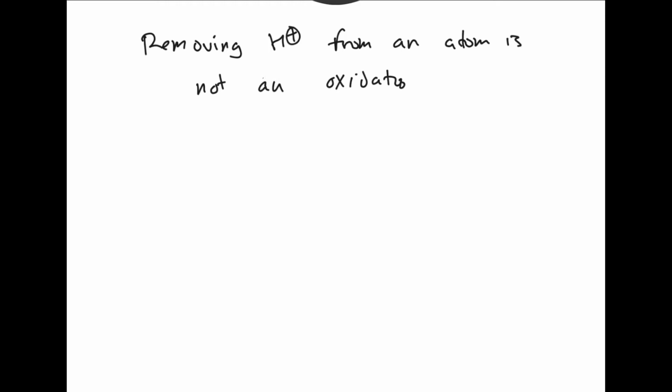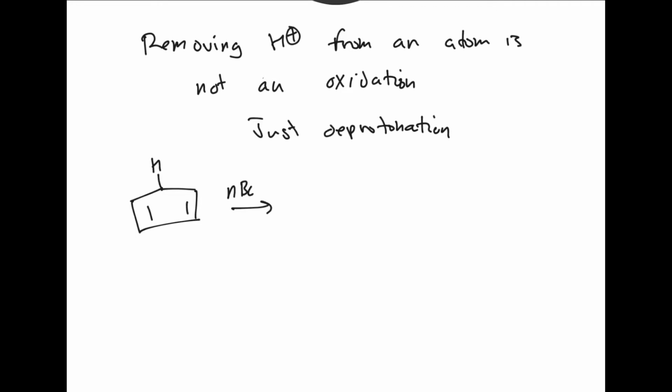Right, so just deprotonation. We say that you lose carbon-hydrogen bonds, and that's an oxidation. But just saying, hey, I'm going to treat my molecule with a base to make a negative charge, doesn't do an oxidation. Losing H plus doesn't change the oxidation state of your carbon.